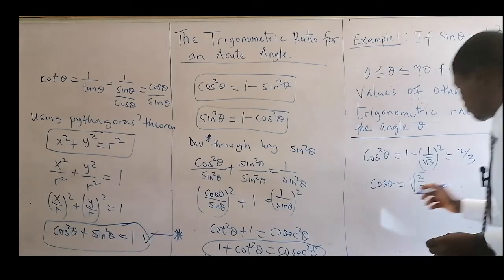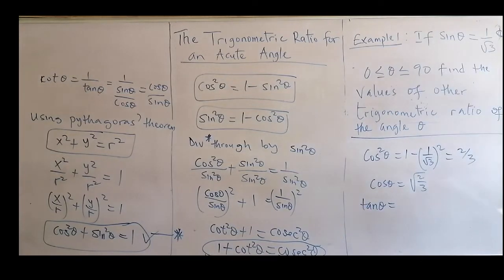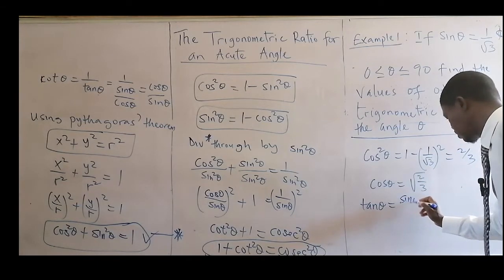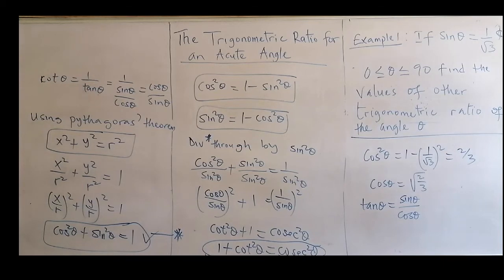Let's get the tan. Tan theta is sine theta over cos theta. We have the sine, that's 1 over root 3, divided by cos, which is root 2 over root 3.